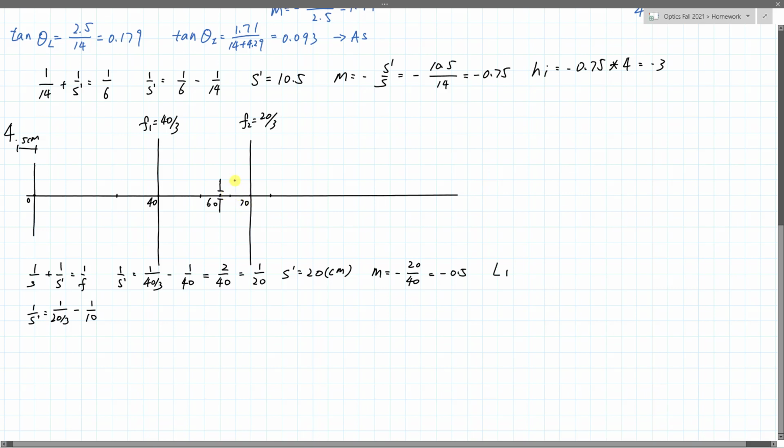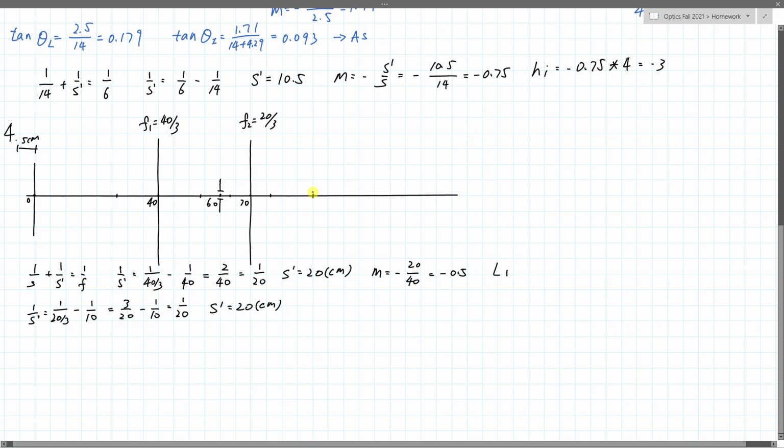It's still going to show up as a real image. So this is 3 over 20 minus 1 over 10. So that's 2 over 20. Then you get 1 over 20 left. So it's 1 over 20. And s prime is equal to 20 centimeters. Very nice integer here. So 4 blocks away, here's s prime. Okay, that's the second image here.